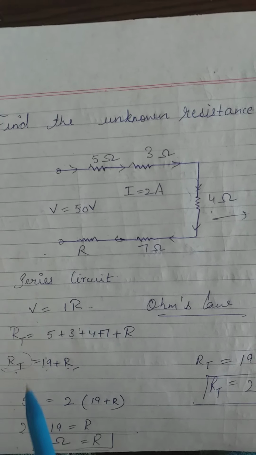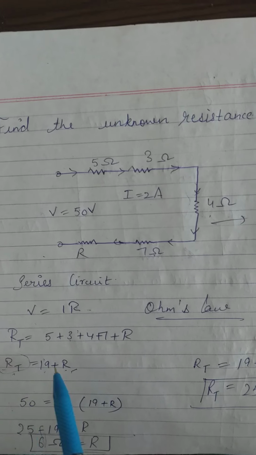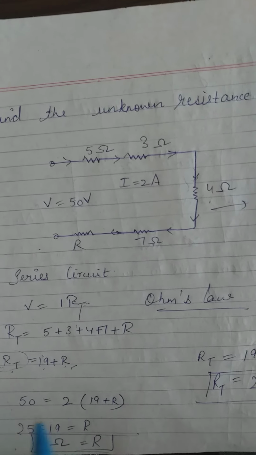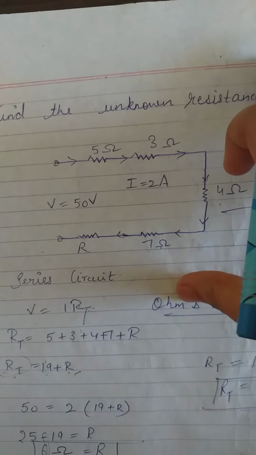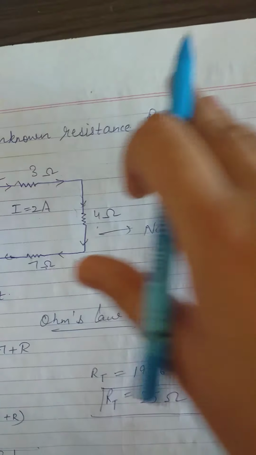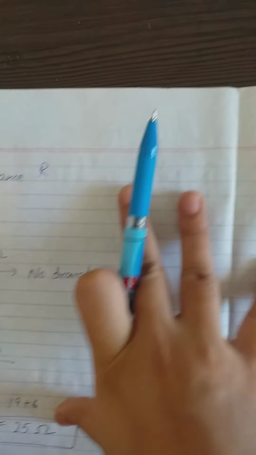The voltage is 50, the current is 2, and the total resistance is 19 plus R. Doing the calculation, the value of the unknown resistance comes out to be 6 ohm. So total resistance is 25 ohm. There is no branching, so this circuit is in series. Clear? Now come to the parallel numerical.